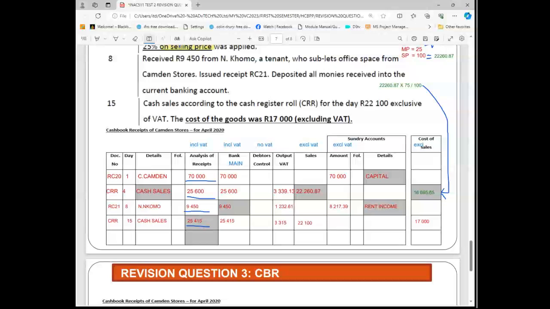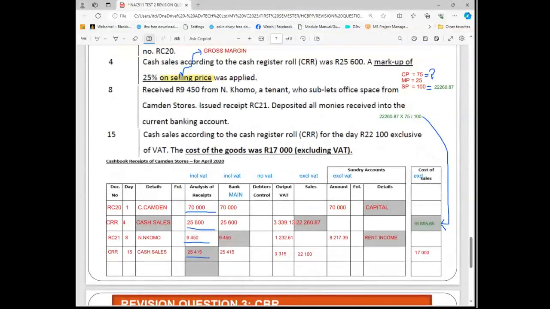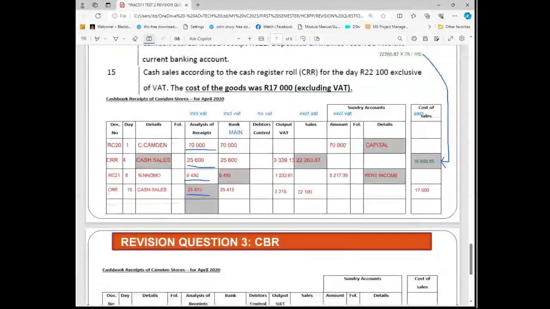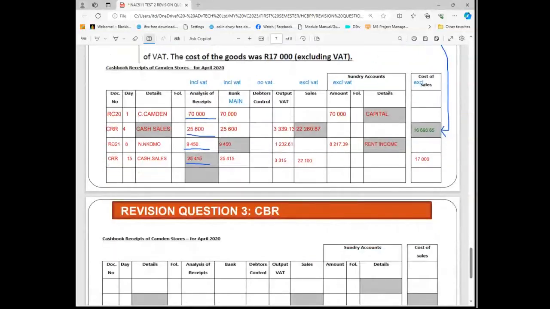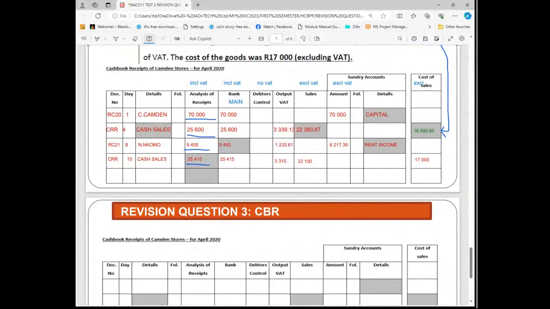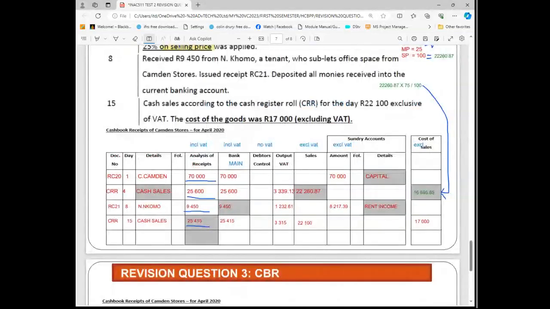You don't have the markup. If they did not give you the markup, they should have. So say they were giving us a markup, let's say 40%, on cost.